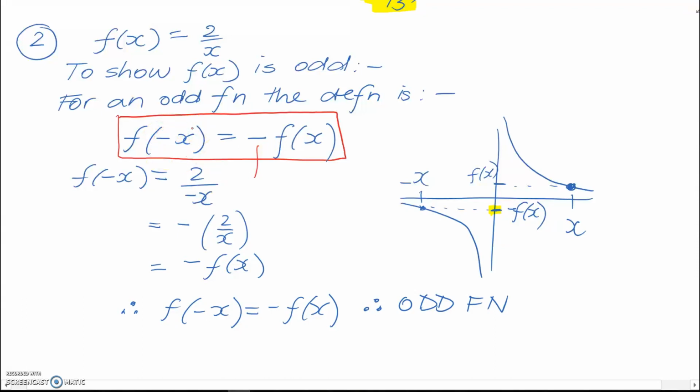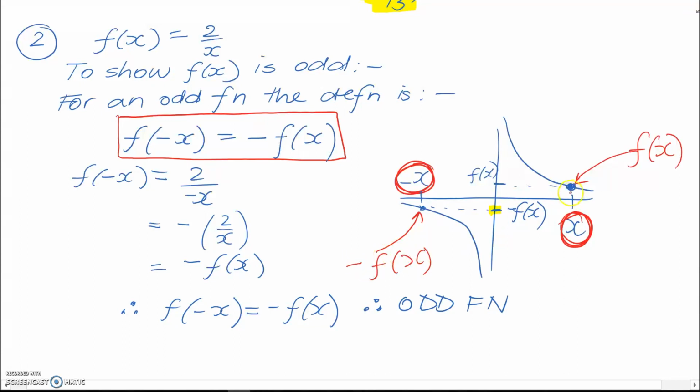So let's just talk about what that means. On this diagram over here, see x? There it is. There's its f of x, right there. Now let's go to minus x. What's its f of x? It's actually the negative version of f of x. See that height there? Exactly the same as that height there, but in the negative sense.